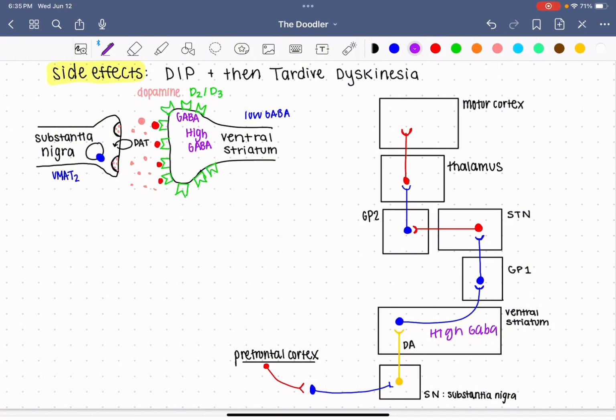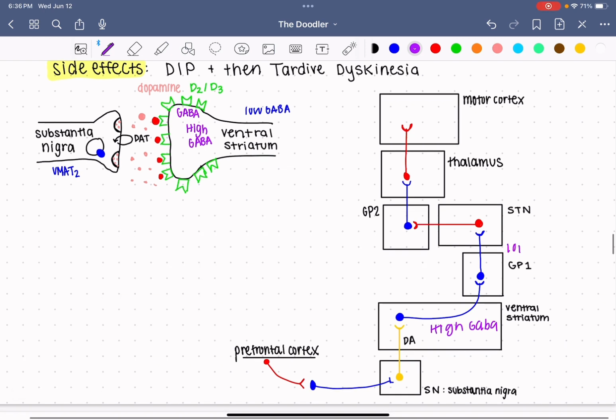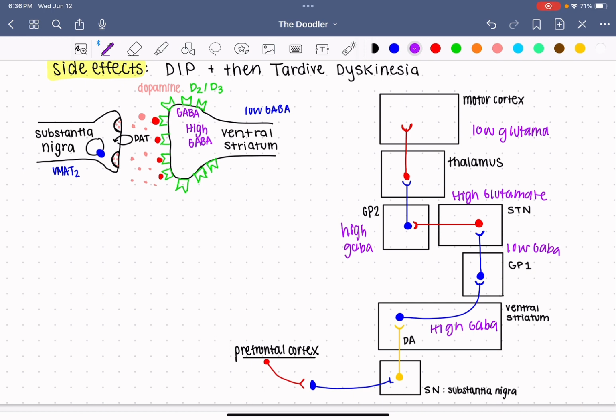High GABA is high inhibition, so this next one's going to be low GABA. Low GABA means not very inhibited, so this is going to be high glutamate. High glutamate is going to stimulate the next neuron, so it's going to be high GABA. High GABA is going to inhibit the next one, so it's going to be low glutamate. So this is going to be the stop pathway, or the inhibition of the go pathway.